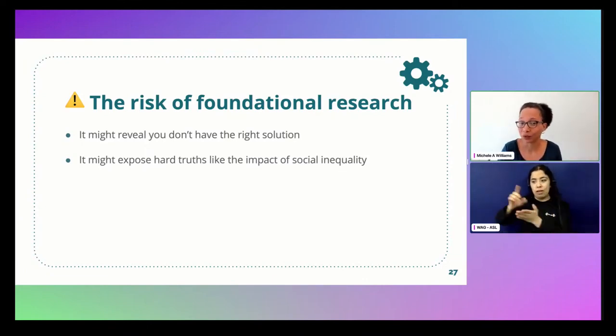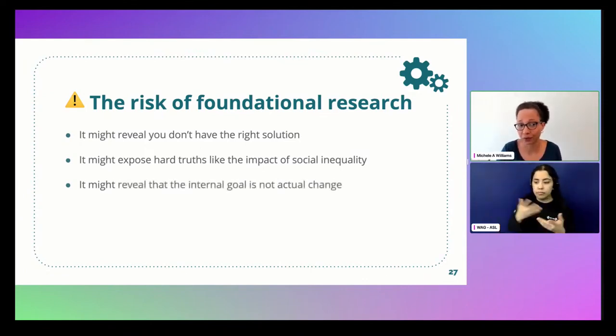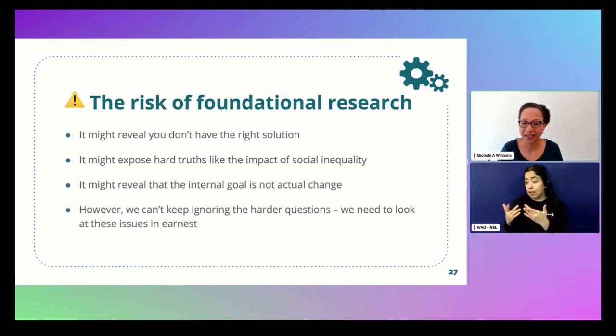And again, is what you're designing actually going to get at the heart of what you're finding out from really doing the contextual work? It may also reveal that the internal goal for the organization that you're working with is not actual change. Because if you find that you don't have the right solution or that the solution has some systemic attachments to it, you may find that people say, we don't care, or we're not going to address that. That's outside of what we're going to do. But my thing is, let's stop ignoring those harder questions.